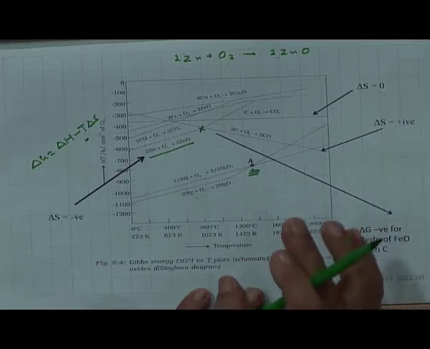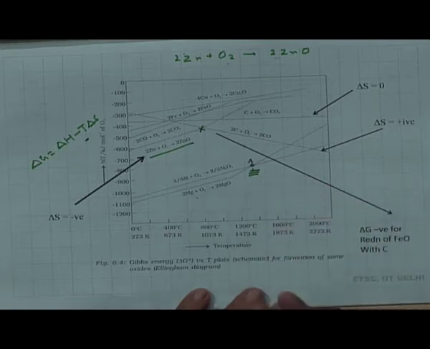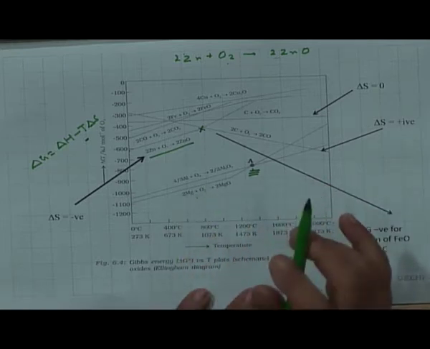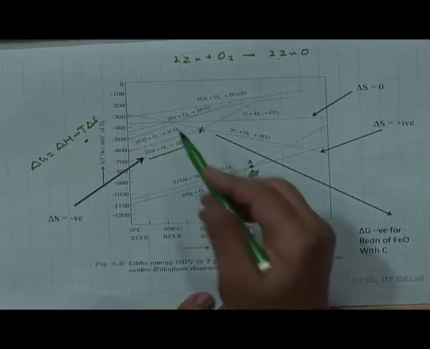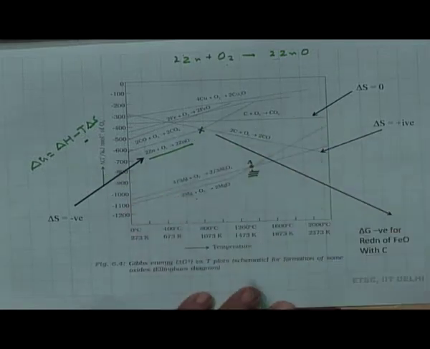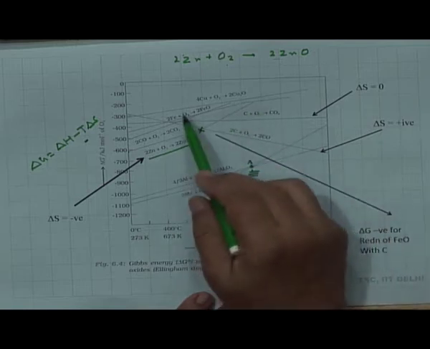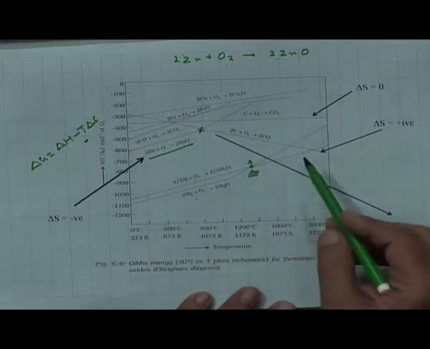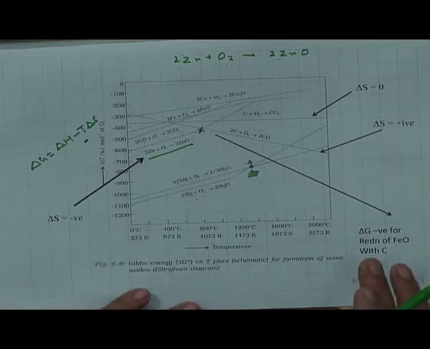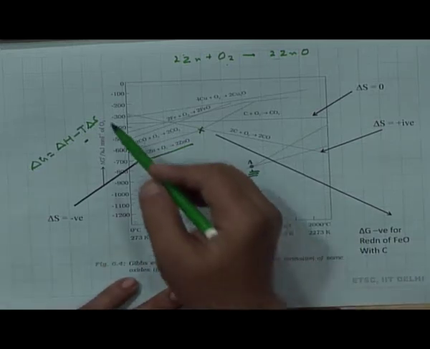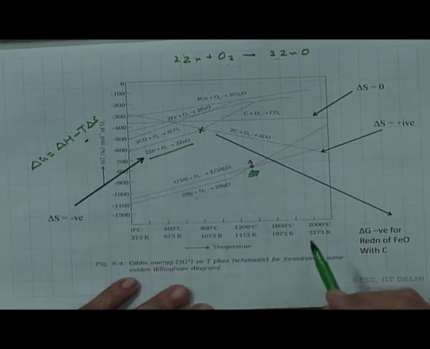Please note that these plots are always for oxidation. It is not that one plot is for oxidation and another is for reduction. No, every plot is for oxidation. So, Ellingham plots are basically for oxidation and they represent the relation between delta G and the temperature.